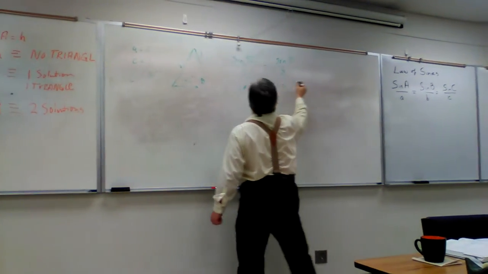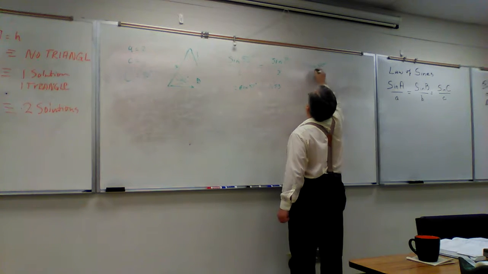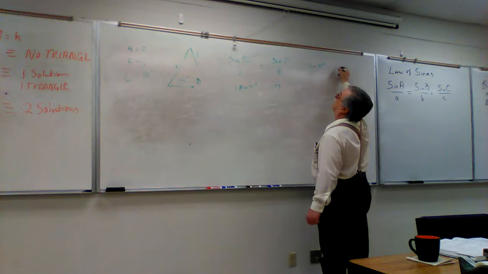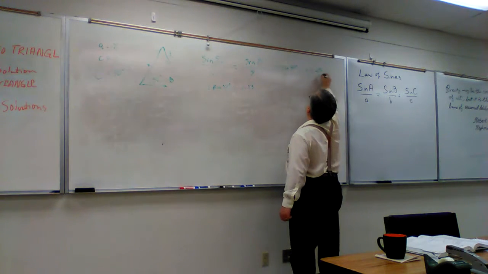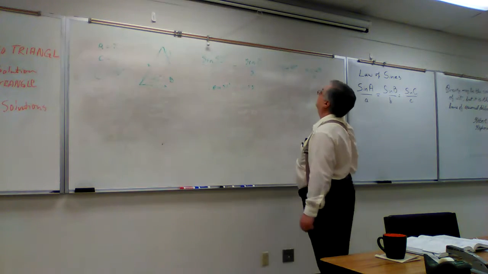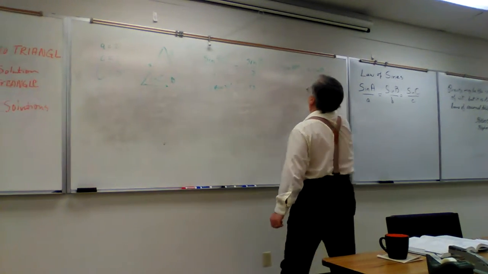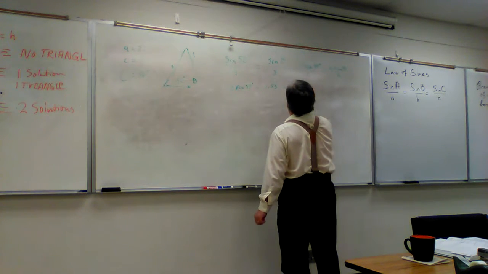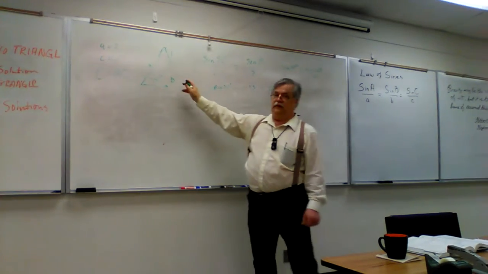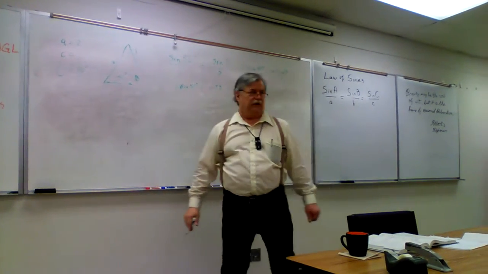Multiply both sides by 2, and they cancel. So we're saying that the sine of angle B, this unknown angle, has to equal 1.53.